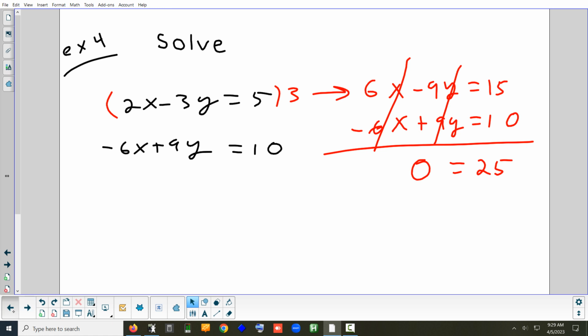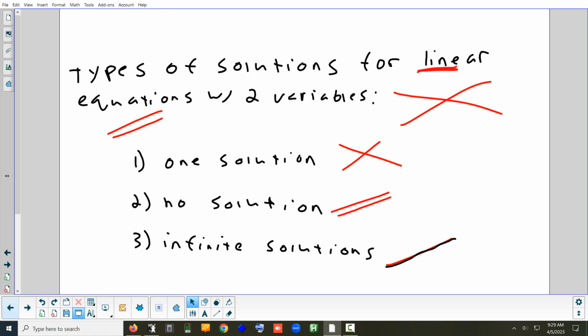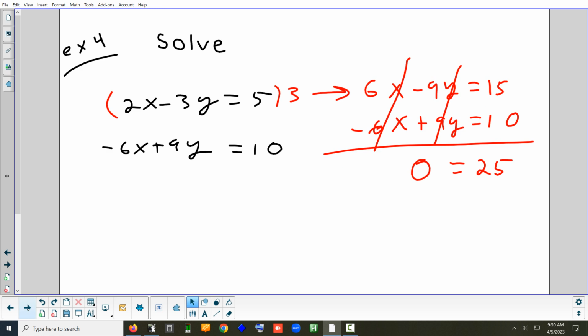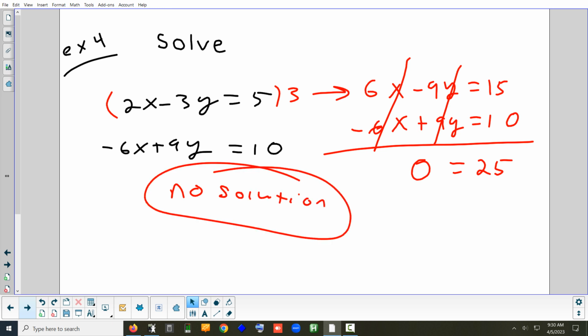When all your letters cancel out, it means it's one of these 2 special cases. Well, which one is it? 0 equals 25. No solution. If you end up with a statement that's not true, that means it's unsolvable. Okay, so that's a no solution.